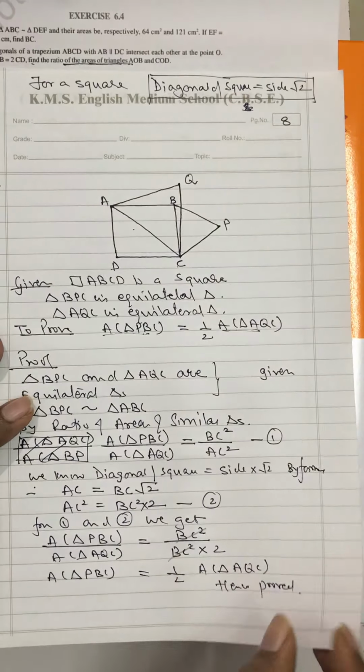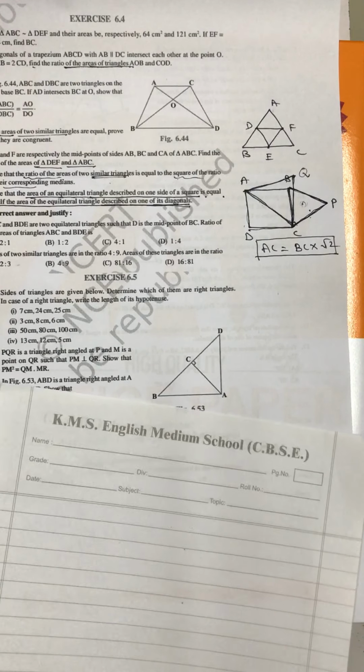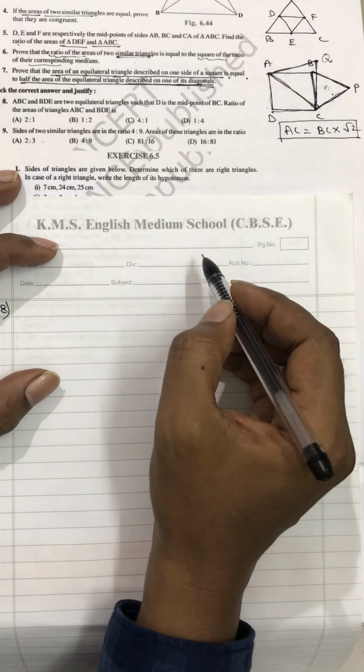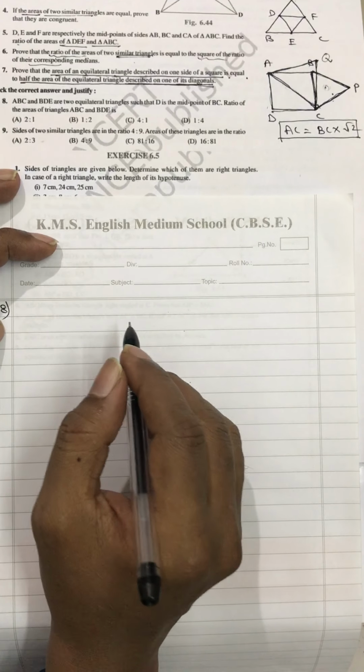Okay, so now we are into the last step. Tick the correct answer and justify. Basically, they have to justify also. See here, ABC and BDE are two equilateral triangles such that D is the midpoint of BC. See, basically they are equilateral triangles. So again it will be the same.